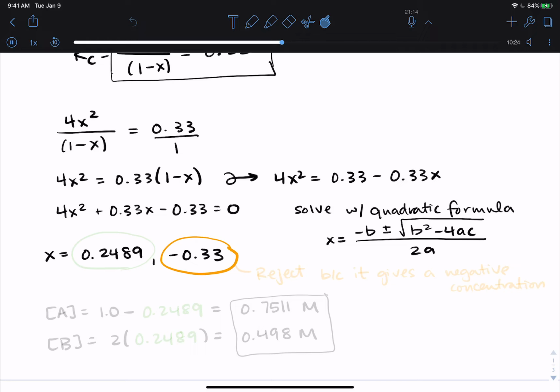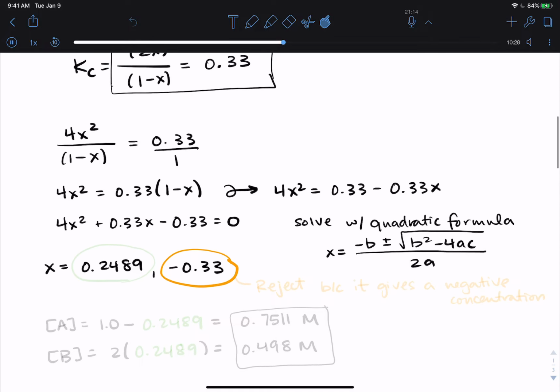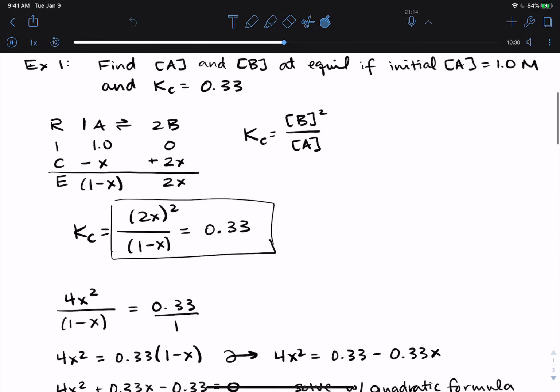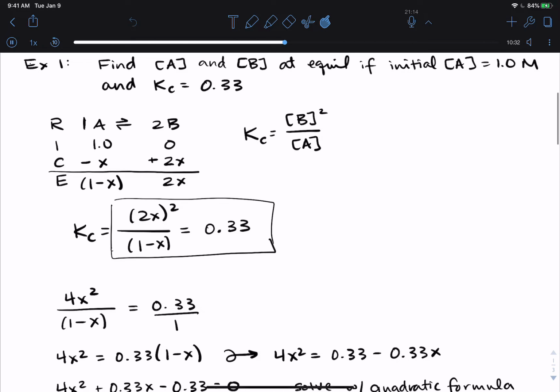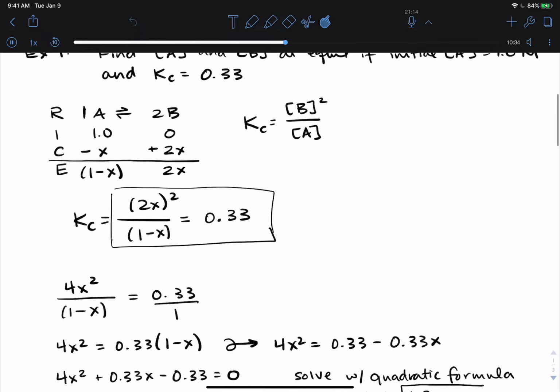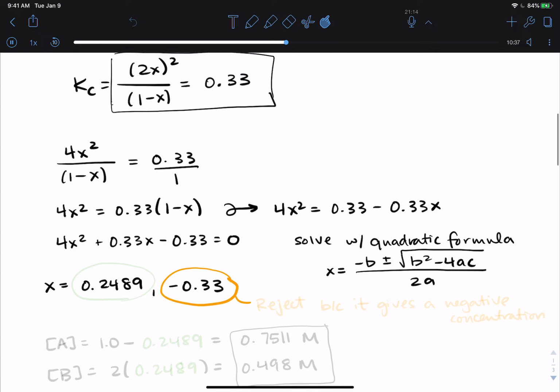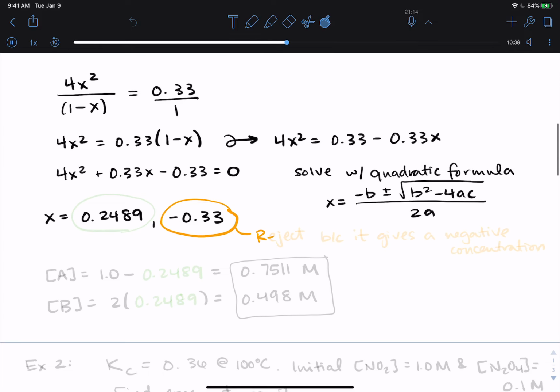Now, if we look back at our equilibrium row, right, at equilibrium, the concentration of B is 2 times X. If I did this, I would get a negative concentration. So I will reject this value, this answer, based on that.